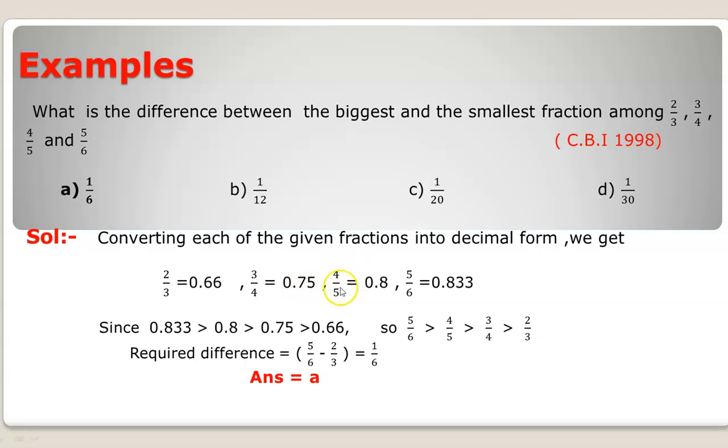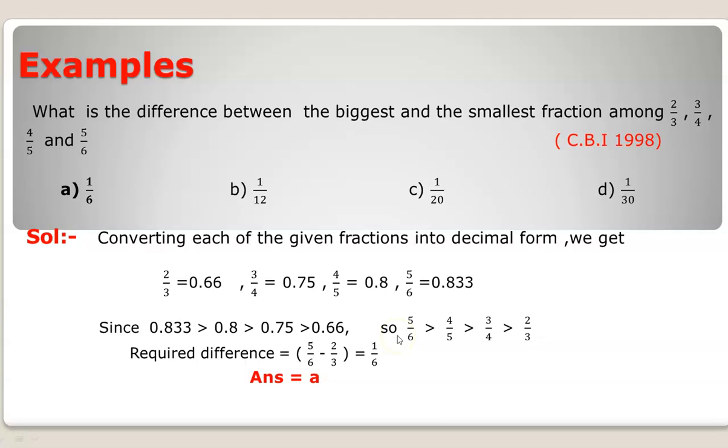Next is 4 upon 5, which is equal to 0.8, and 5 upon 6 is equal to 0.833. Now observe this decimal form. Since 0.833 is a greater value than 0.8, this value is greater than 0.75, which is greater than 0.66.